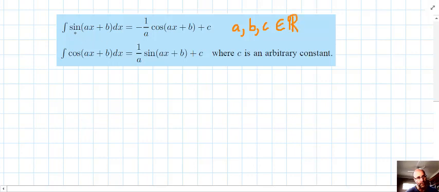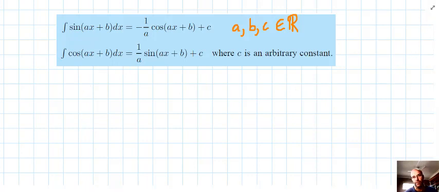The integral of sine(ax plus b) with regard to x is negative 1 over a cos(ax plus b) plus the usual arbitrary constant on the end. And the integral of cos(ax plus b) is 1 over a sine(ax plus b) plus the constant. So please take note of those.